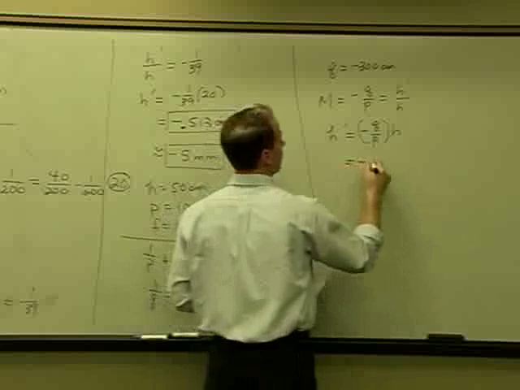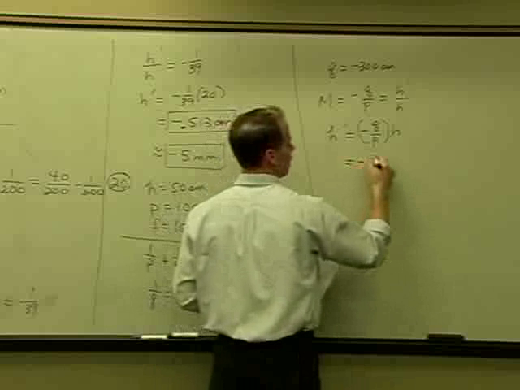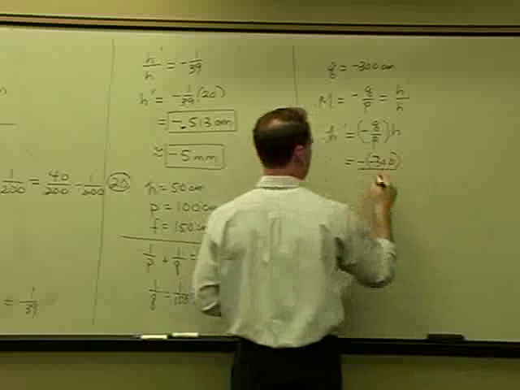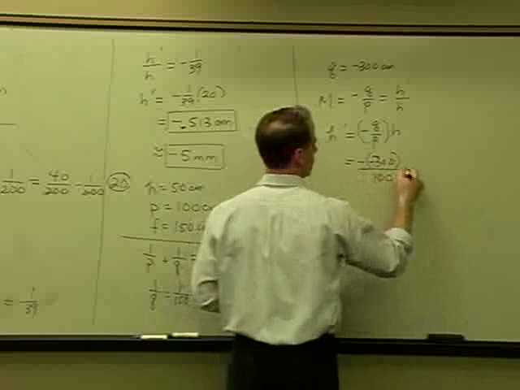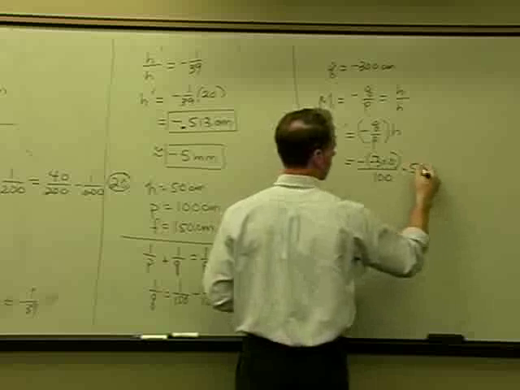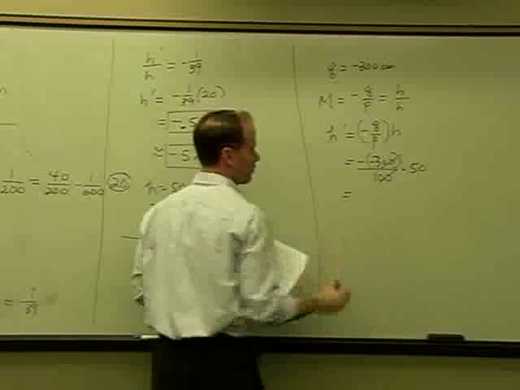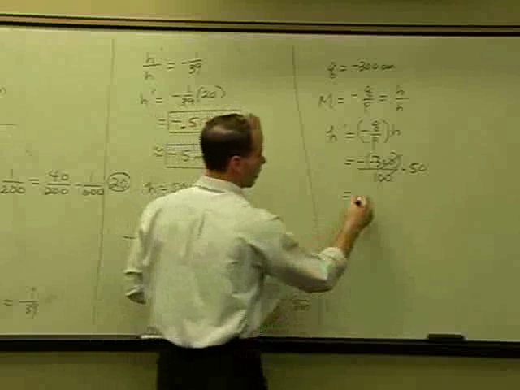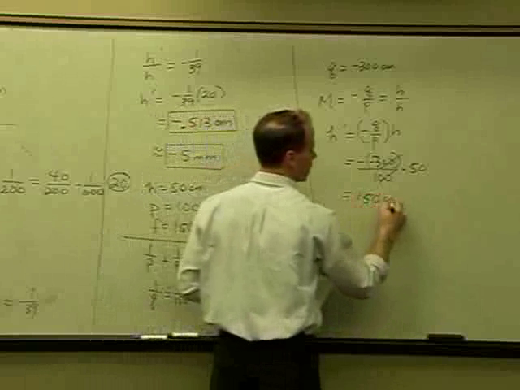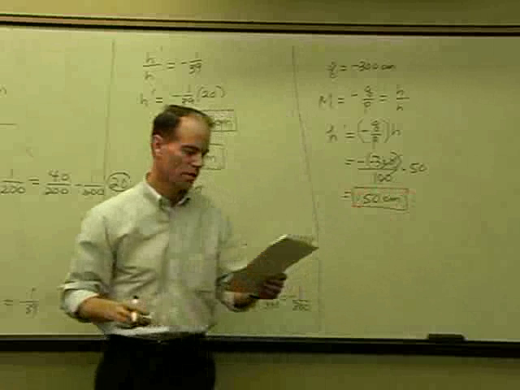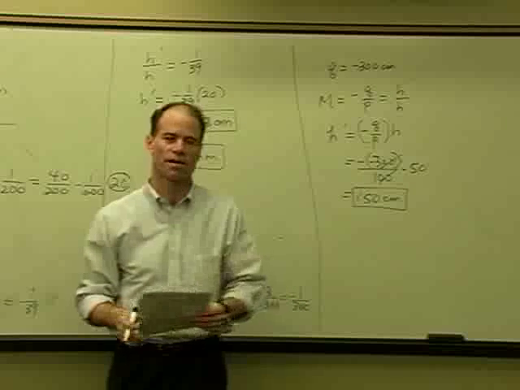So that's going to equal a negative negative 300 over 100 times 50. Negatives cancel out, so that's going to be 3 times 50 or 150 centimeters. So the image height will be 150 centimeters, 3 times the object height.